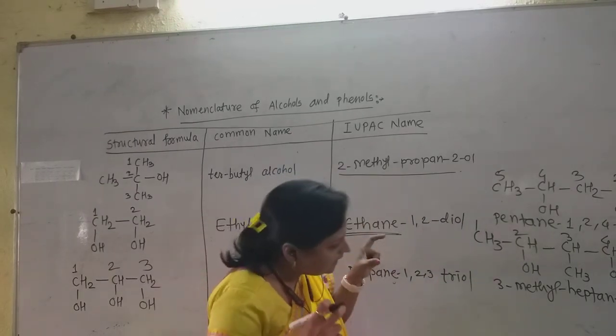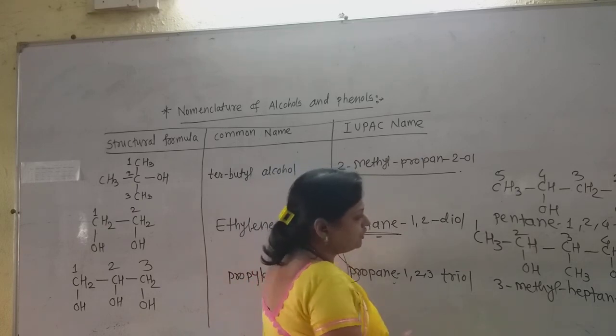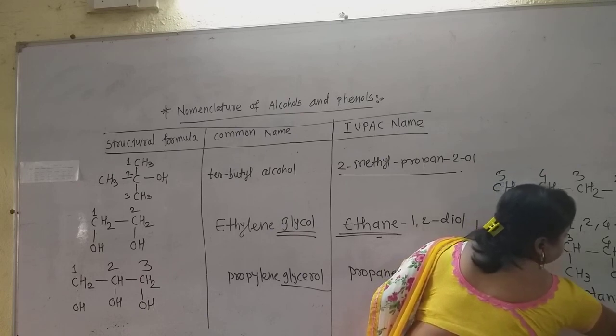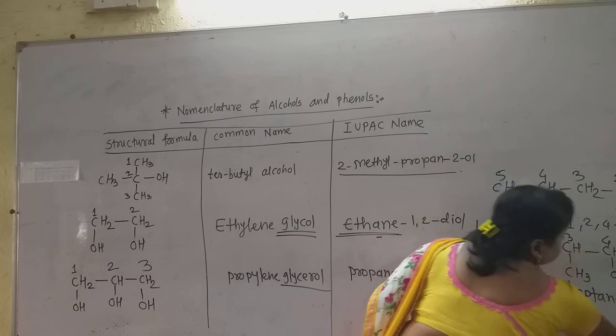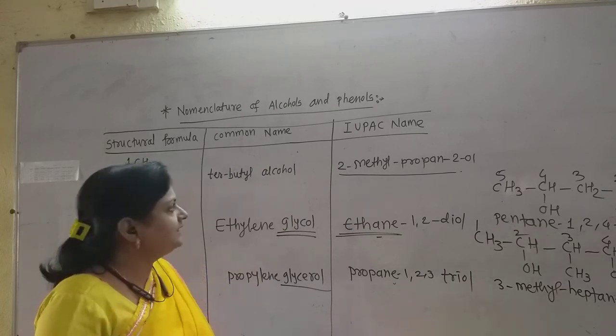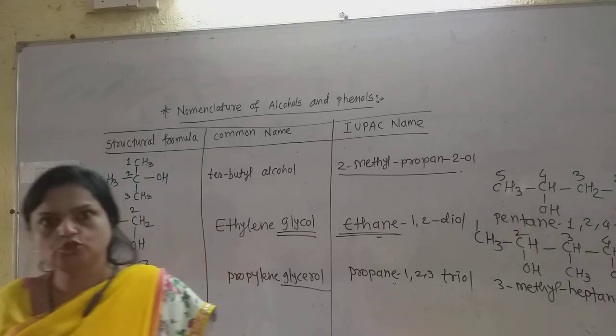So 3-methylheptane. Now on which carbon atoms are the hydroxyl groups? On second, on 4 and on 6, and it is a triol. Now this is the IUPAC name of the alcohols, and after that we will consider the IUPAC names of the phenols also.